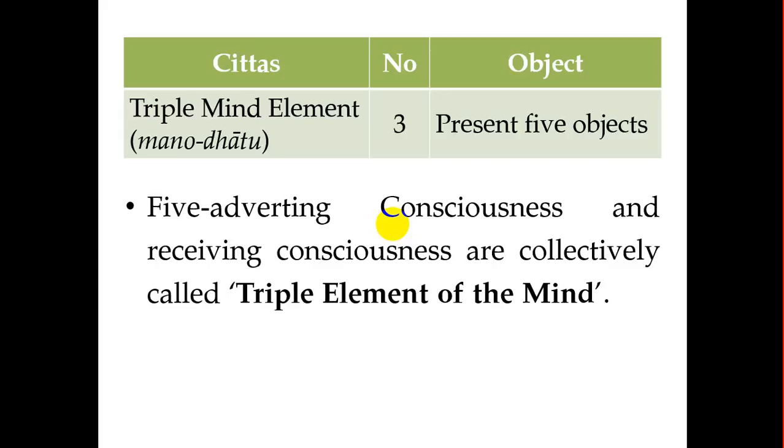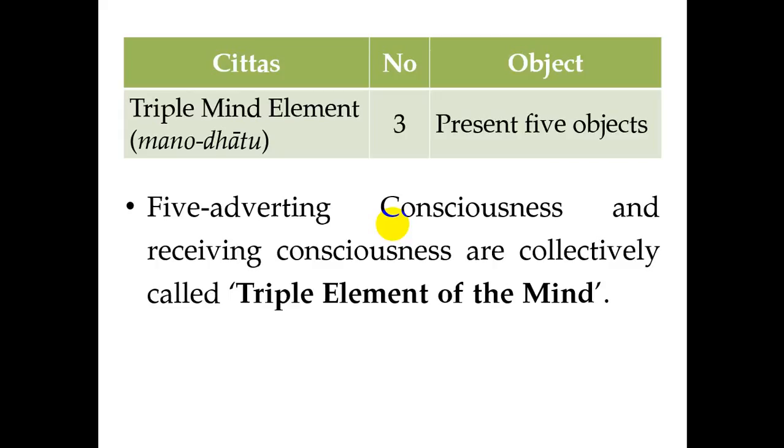These three are called mind element, or the triple element of the mind, because these three Cittas are very important for the mind to know the object. Without these three elements, you cannot know the object. So they are called mind element, manodhatu, right?